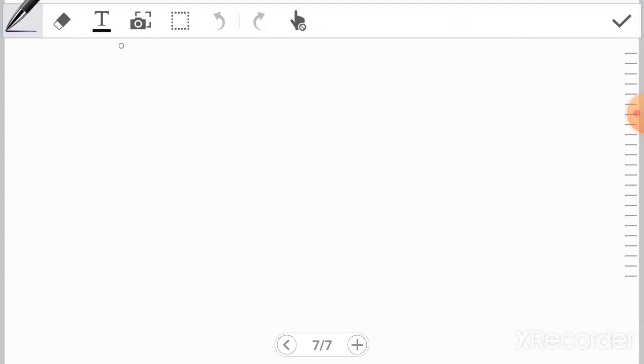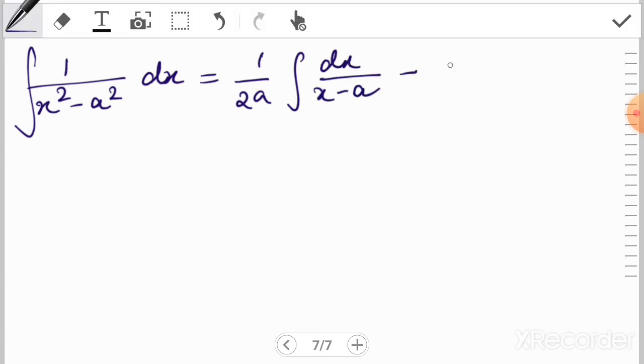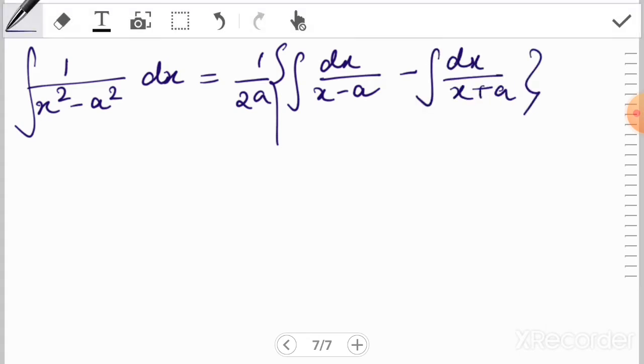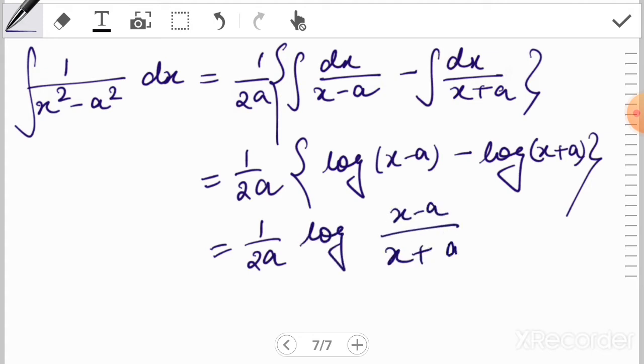So finally we can write this as 1 by 2a integral dx by (x minus a) minus integral dx by (x plus a), which is equal to 1 by 2a [log (x minus a) minus log (x plus a)], which is again equal to 1 by 2a log of (x minus a) by (x plus a).